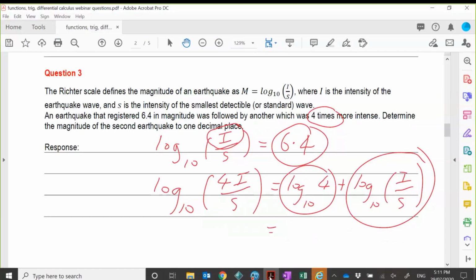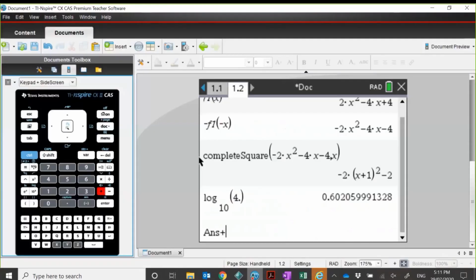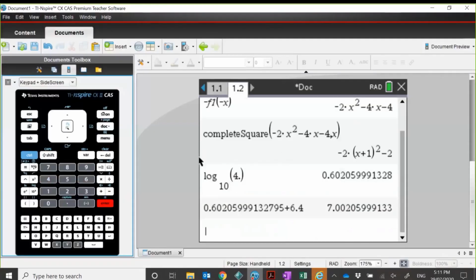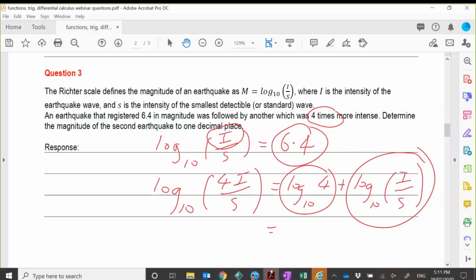So I'm now adding on my extra 6.4. 7.0. And so what is the magnitude of the second earthquake? It is 7.0 to 1 decimal place. So once again, not a lot of graphics calculator work there, but useful for logs. Okay, that's question 3.